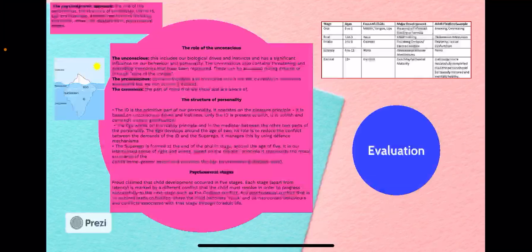Then you have displacement, where you put your feelings onto another object or another person. So for example, if you have had a bad experience at home, say in the morning, you didn't do something, your mum shouted at you, and then you left home and you went to school and you got really mad at your teachers when they told you to do something.